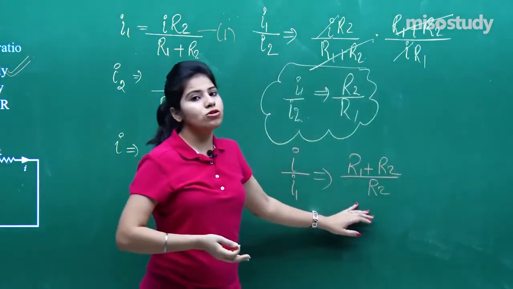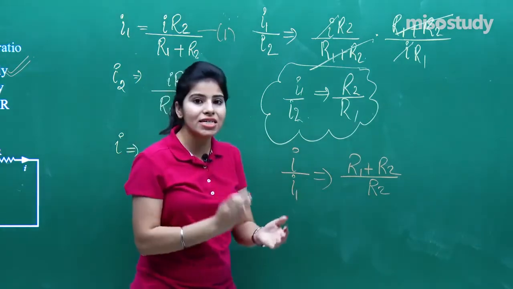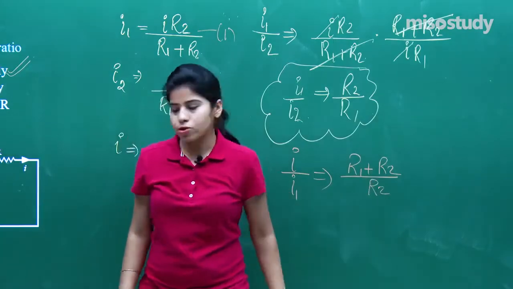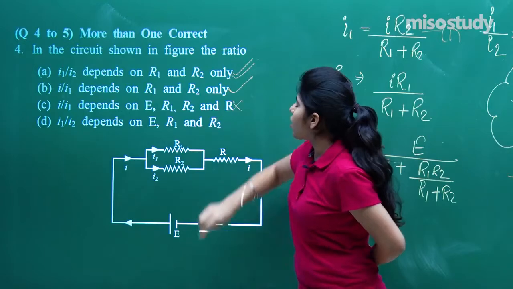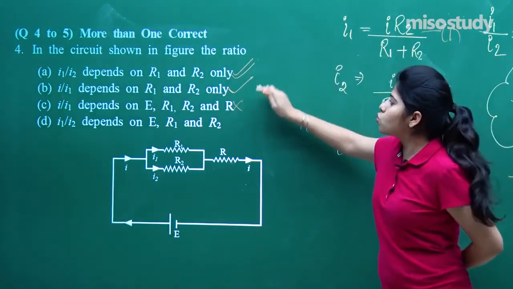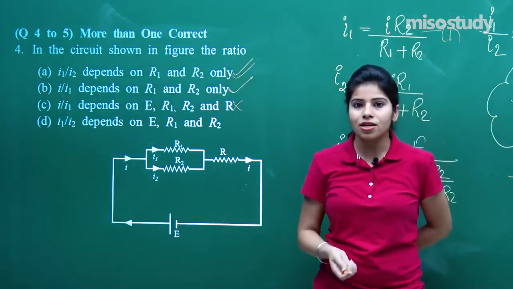In this equation also I cannot see a ratio depending upon E, R1 and R2. It is only depending on R1 and R2, so E again will be cancelled. This must be the second correct option, and these two will definitely be the correct options for the question that has been given.